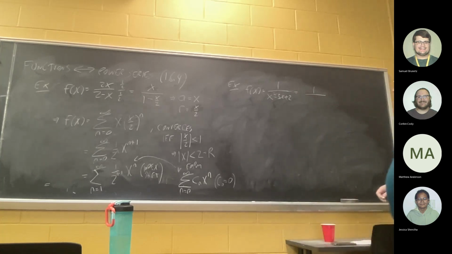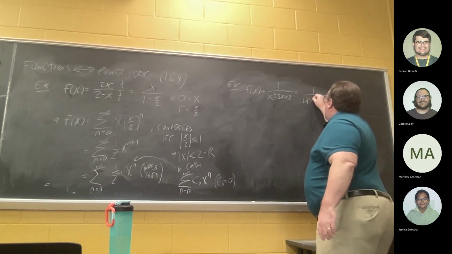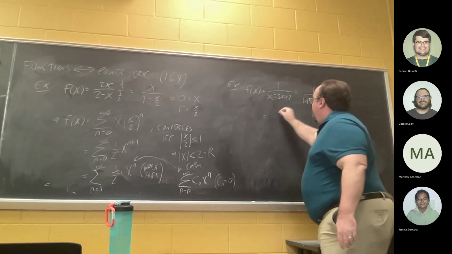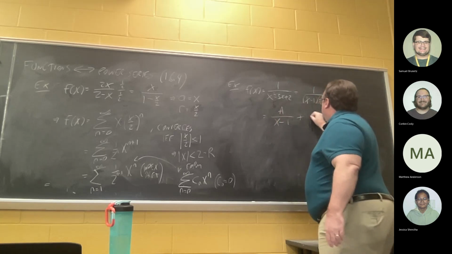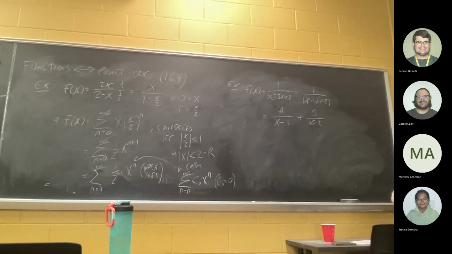How does this denominator factor? Yeah, x minus 1 times x minus 2, and then use partial fraction decomposition. Write it as a sum of two fractions, so a constant over x minus 1 plus the other constant over x minus 2.